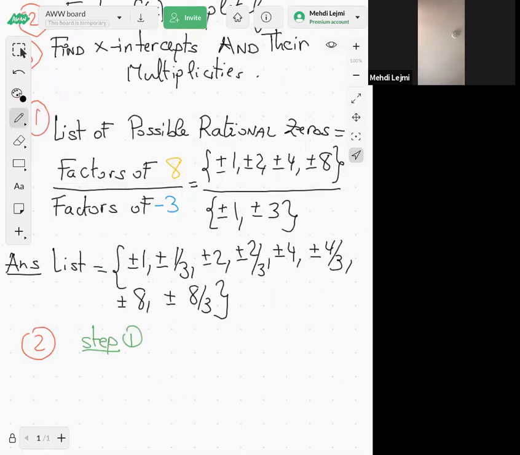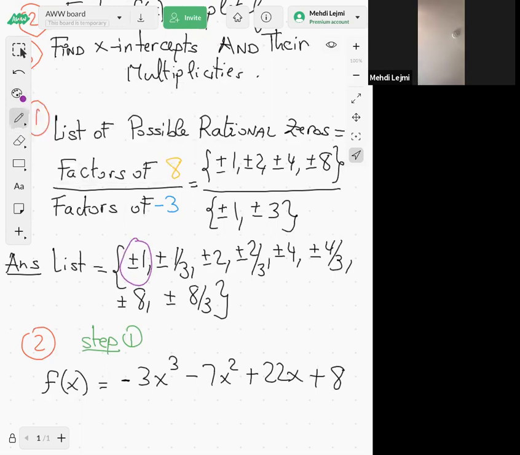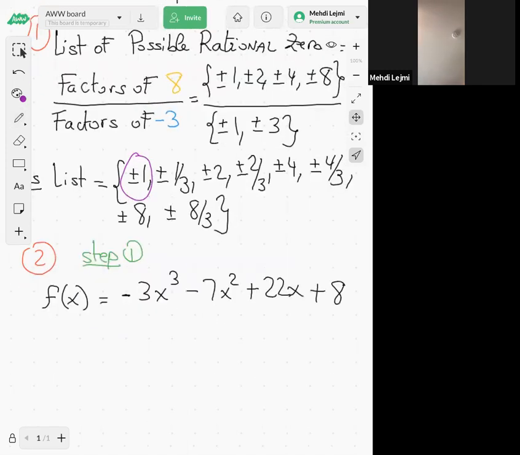So f of x is -3x cubed minus 7x squared plus 22x plus 8, right? So first, try the whole numbers. The first whole number in the list is positive or negative 1. We're going to plug in positive 1 first.